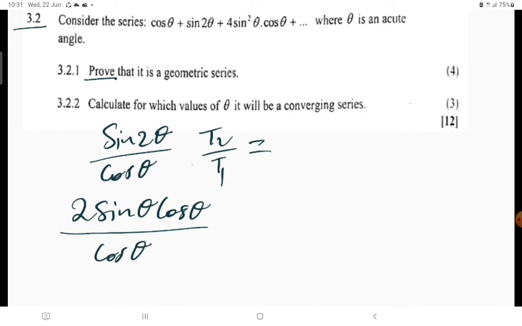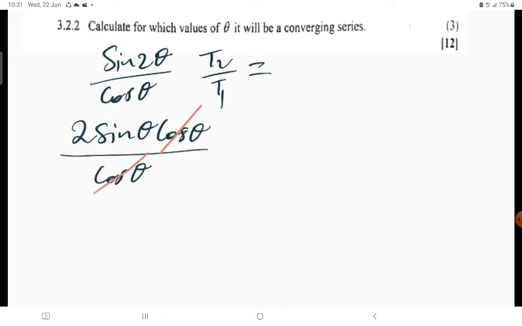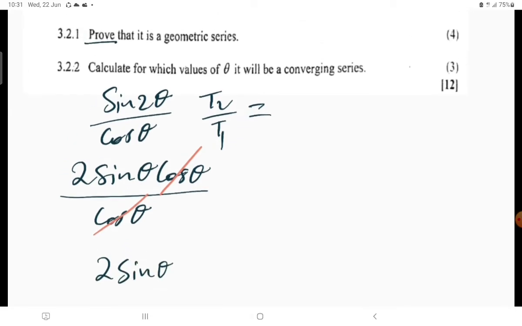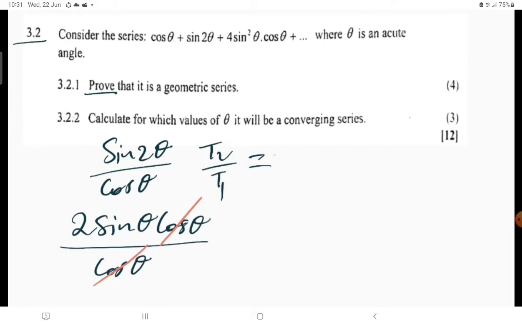So you can see that this cancels that one. Then the simplified answer here is just 2 sine theta. Let's check on the other side. What do we have?